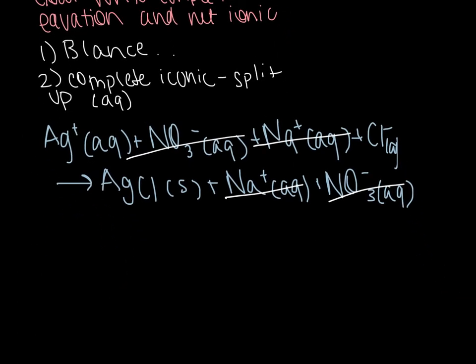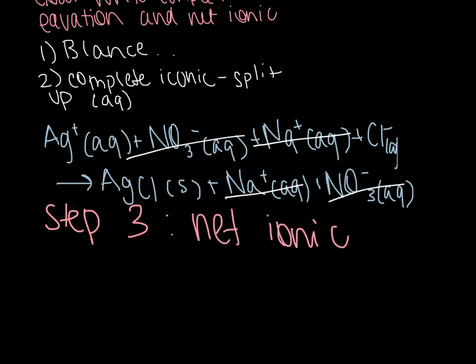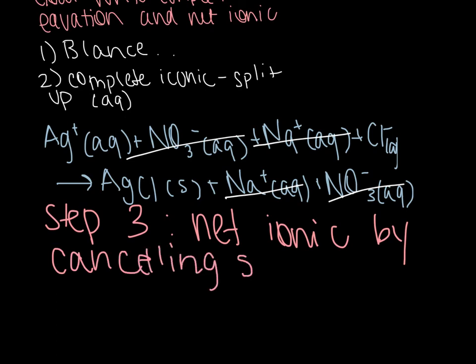So step 3 is to solve the net ionic by canceling spectator ions.